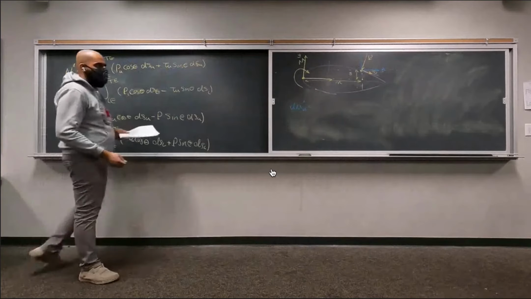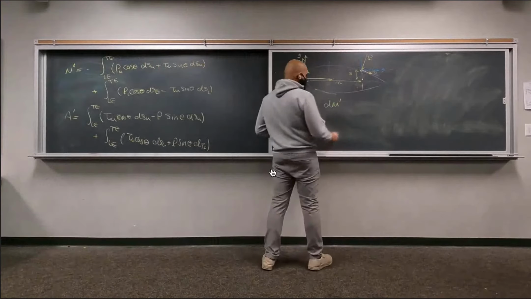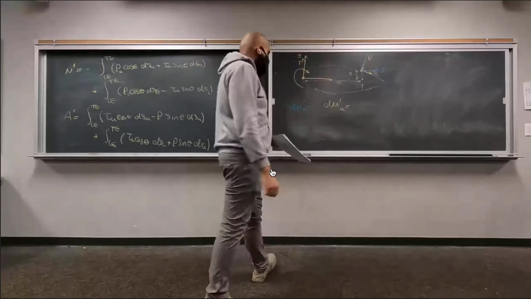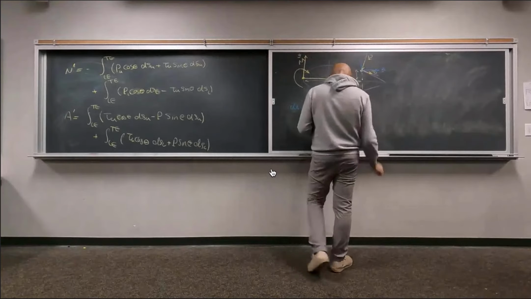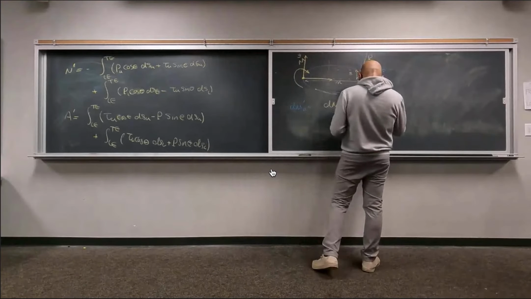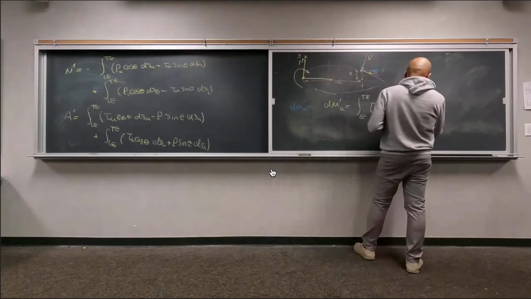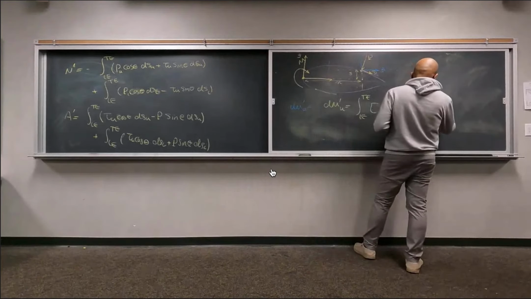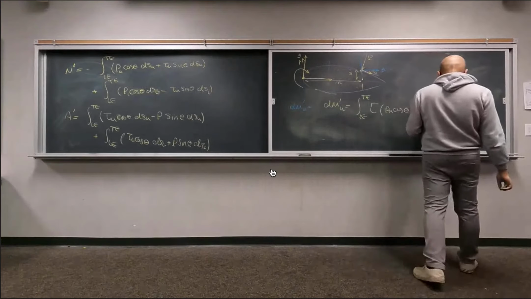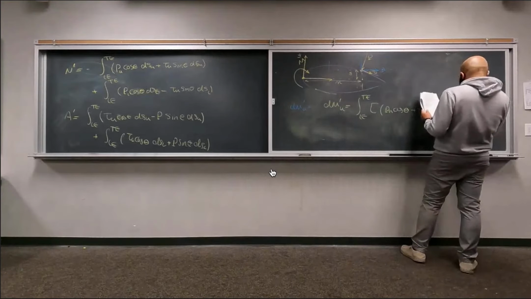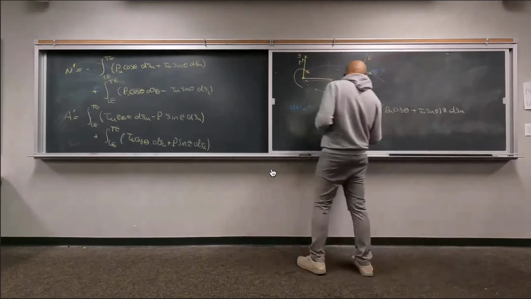So dM prime for the upper surface is going to be the integral from leading edge to trailing edge of P_u cosine of theta plus tau_u sine of theta, multiplied by x ds_u.